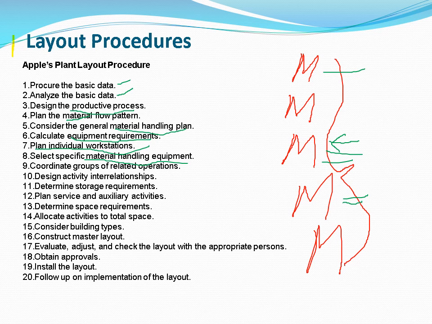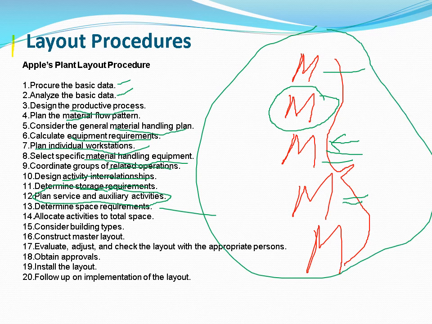Coordinate groups of related operations. You talk about process, methods, and the activity interrelationship, storage requirement for the materials. And number 12, you talk about access to preventive maintenance. How much space is needed, the requirement of space for these 5 M's.